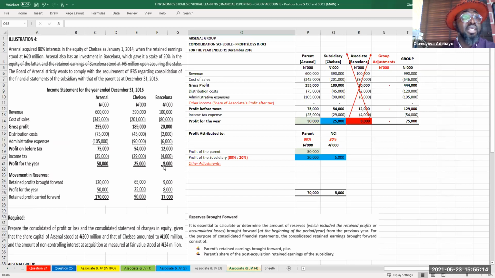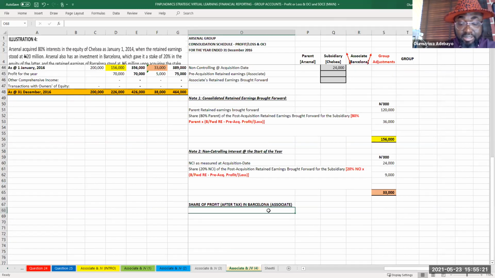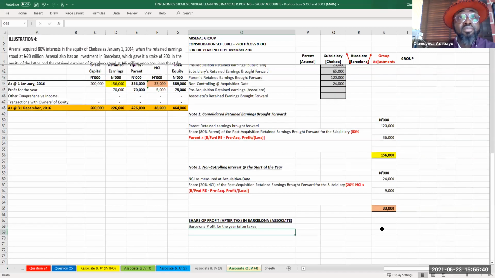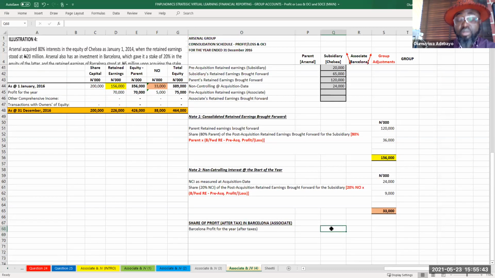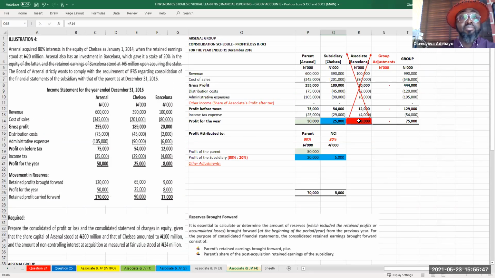The profit of Barcelona in that year after tax is 8 million. Okay. Now, I'll come here and say, Barcelona profits for the year. Usually, after what? Taxes. How much is it? That is the 8 million here.